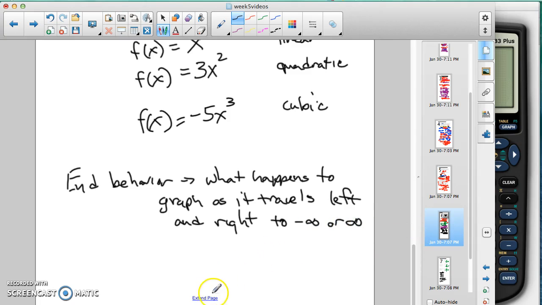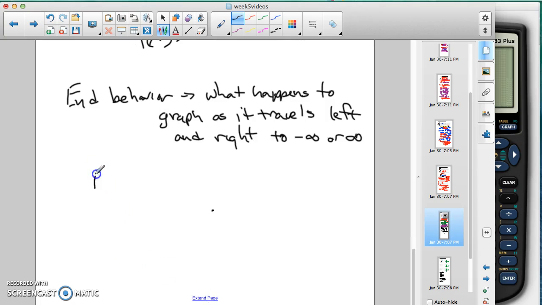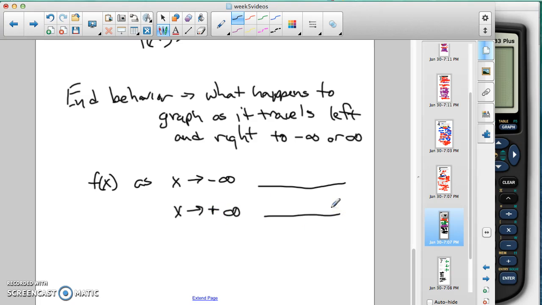So what we're going to be doing is looking at this statement here. We're going to say what happens to f of x as x goes to infinity or negative infinity. Each time we're going to be looking at the lead coefficient and the lead term of the power function, or of the polynomial function.